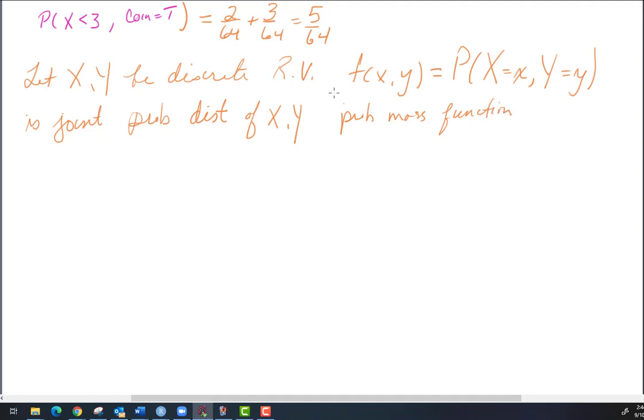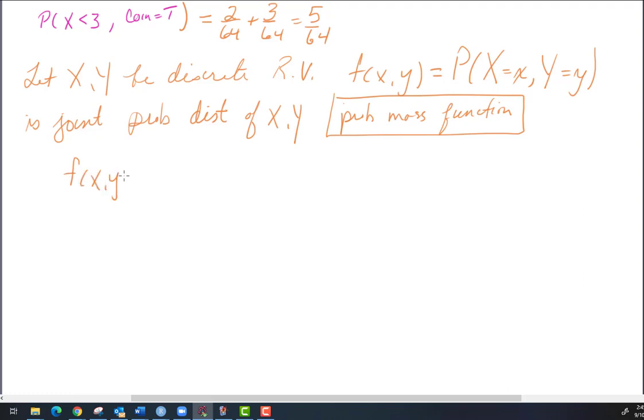I've got used to that terminology, so if I say probability mass function, you know what I'm talking about. If this is in fact a probability mass function, it has to have two properties.